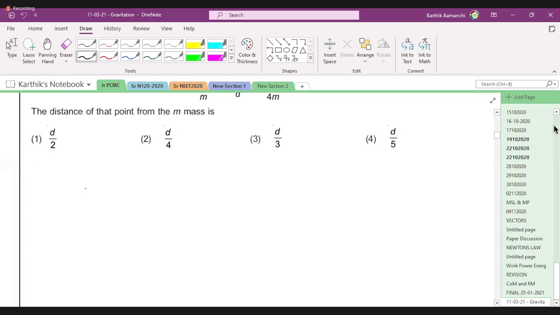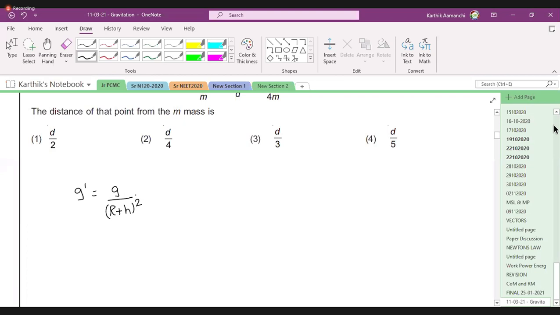See, your G dash is equal to G by R plus H the whole square, right? So I am saying it is shrinking, no? So the radius is shrinking by some percent. So you can change this as R plus some delta R whole square.